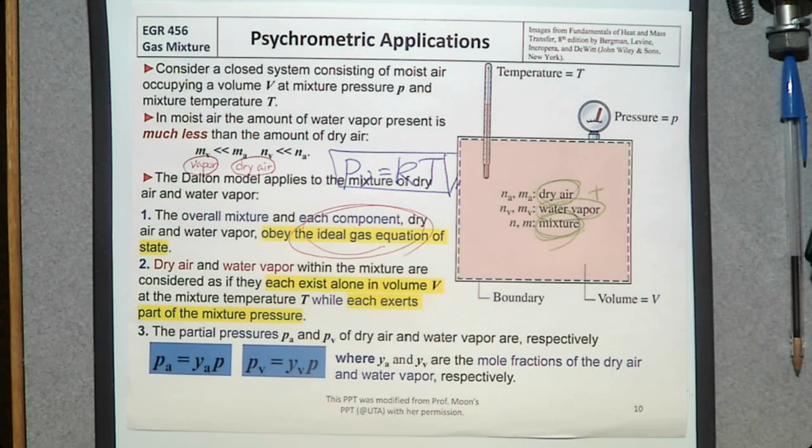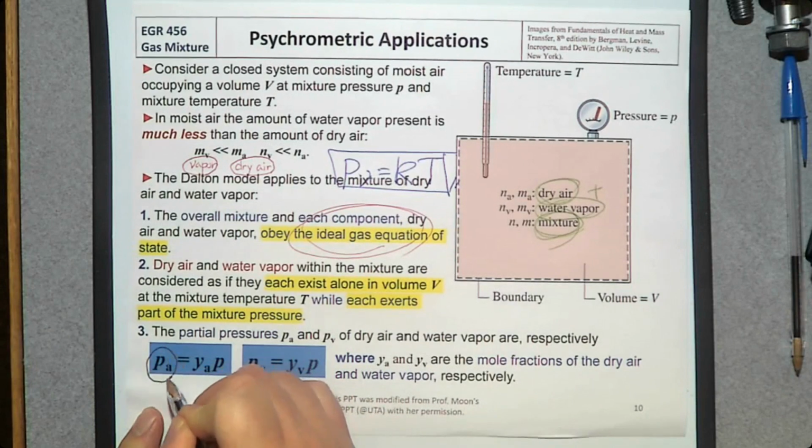So when we say 100 kilopascal, it is possible 70 kilopascal is the pressure of dry air, and 30 kilopascal is the pressure of water vapor. When you combine these two, 30 and 70, it becomes 100 kilopascal, which is the total pressure of this mixture of air and water vapor. And how can we determine the partial pressures?